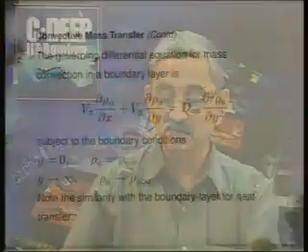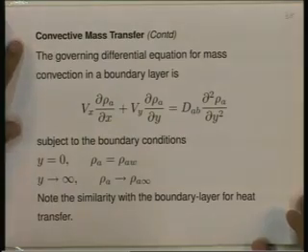If we derive in detail the governing differential equations for mass convection, this will be a conservation of mass equation, but a conservation of mass equation for a species A, not just the overall gross conservation equation, which leads to the continuity equation.